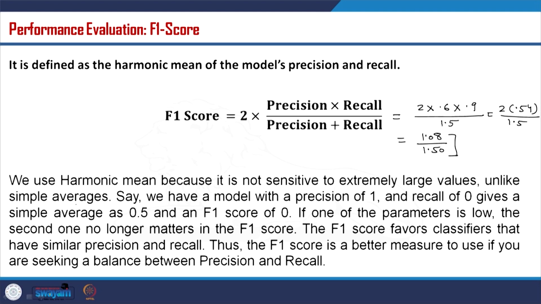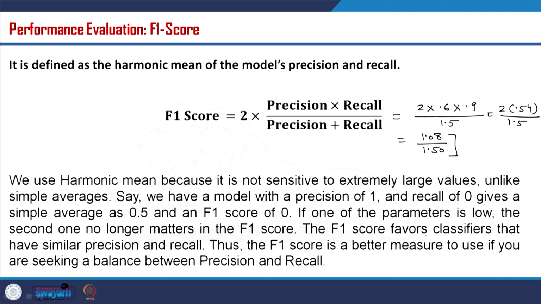So, if you use the simple arithmetic mean in the F1 score calculation, you would not see this scenario. When recall or precision is 0 or very small, the F1 score will be close to 0 or 0. So, if one of the parameters is low, the second one no longer matters in the F1 score.